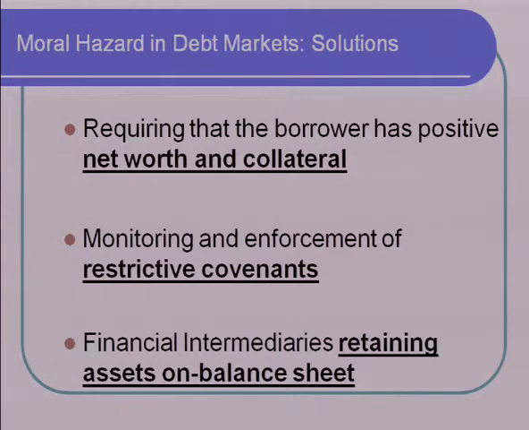And this third one here, I've said financial intermediaries retaining assets on balance sheet. That's because one of the problems that led to the subprime mortgage crisis was that banks made lots of loans to housing borrowers who were at high risk of defaulting on their loans, and then they securitised their loans.